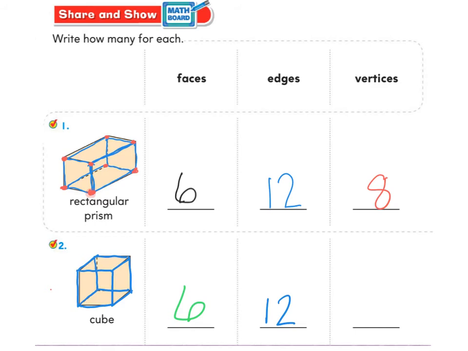Now we're going to count the vertices. The vertices are the corner points of the cube. 1, 2, 3, 4, 5, 6, 7, 8. So there's 8 vertices. So you'll notice that between a cube and a rectangular prism, they have the same number of faces, the same number of edges, and the same number of vertices.